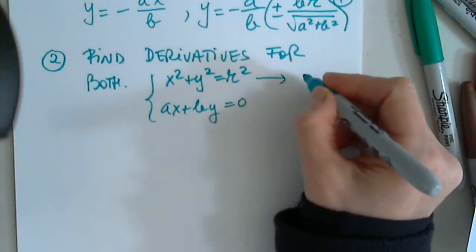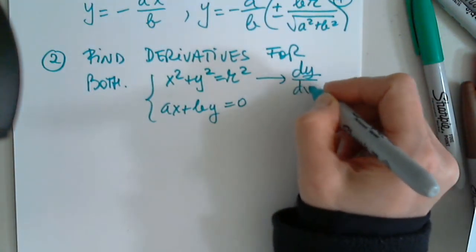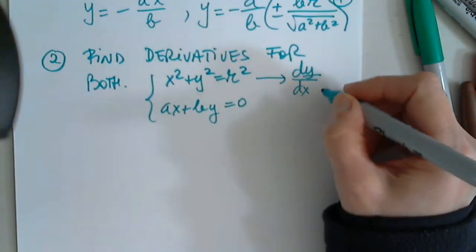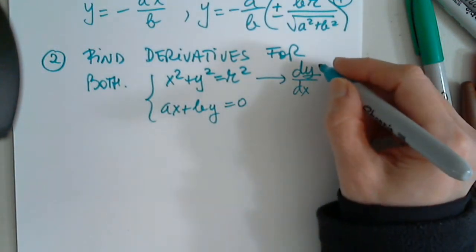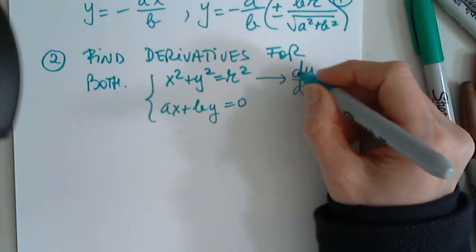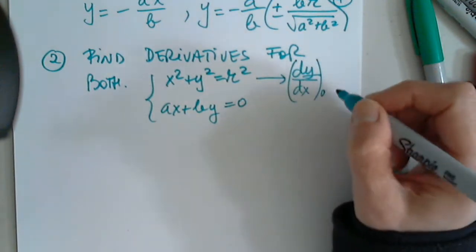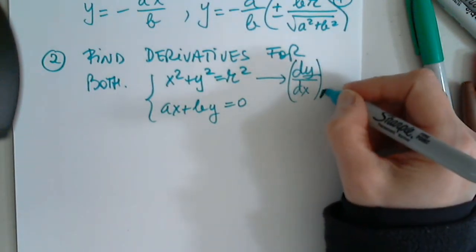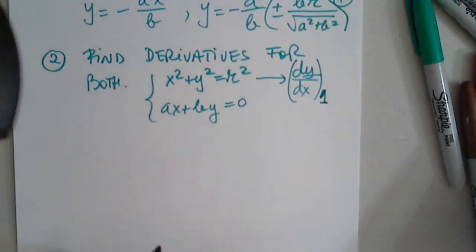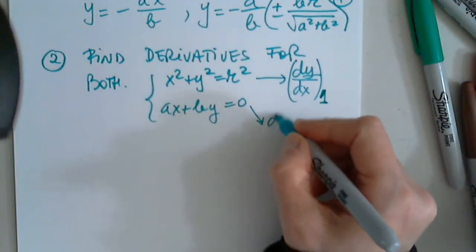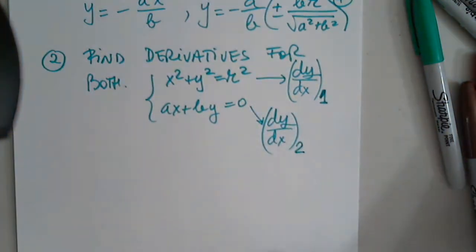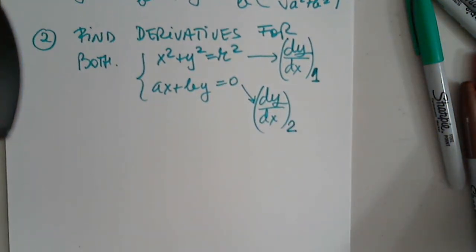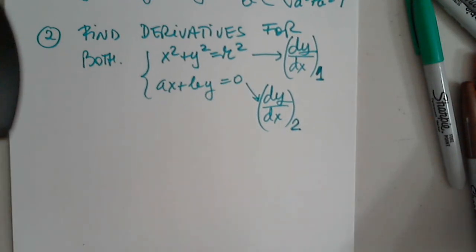So from here I want dy over dx, and I'm going to call it dy over dx 1 for the first equation, and I'm going to call this one dy over dx for equation 2. Good. So how do we get dy over dx for equation 1?